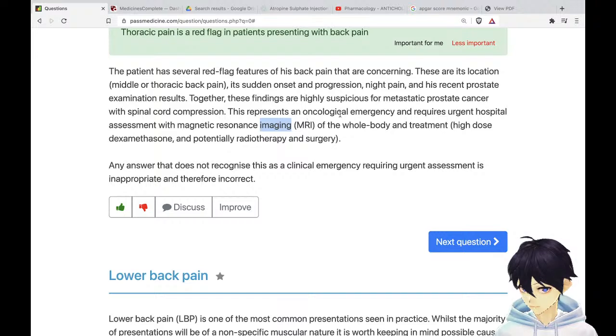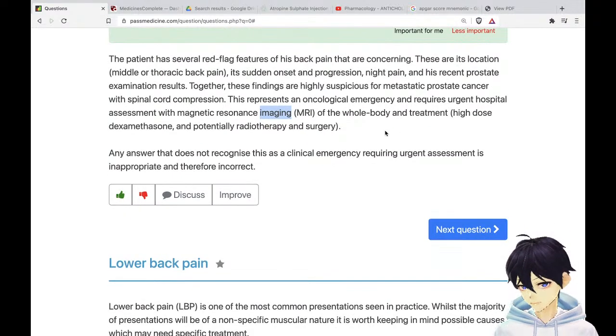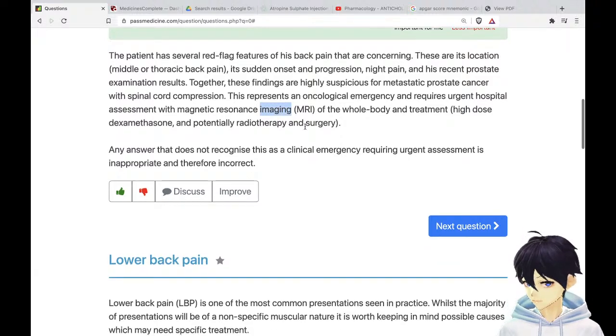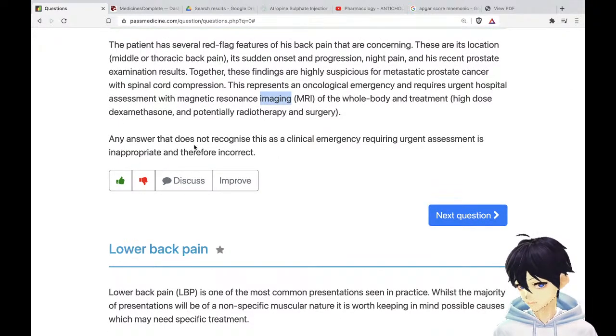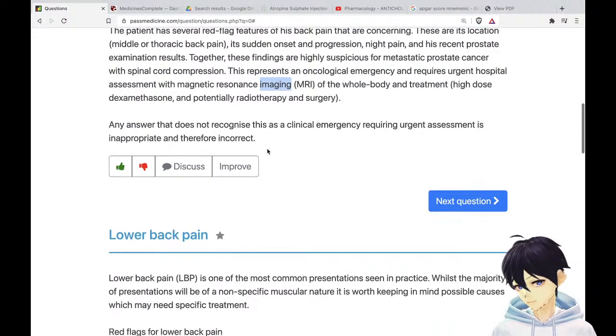Okay, this represents an oncological emergency and requires urgent hospital assessment with magnetic resonance imaging, MRI, of the whole body and treatment, high dose dexamethasone, and potentially radiotherapy and surgery. Any answer that does not recognize this as a clinical emergency requiring urgent assessment is inappropriate and therefore incorrect.